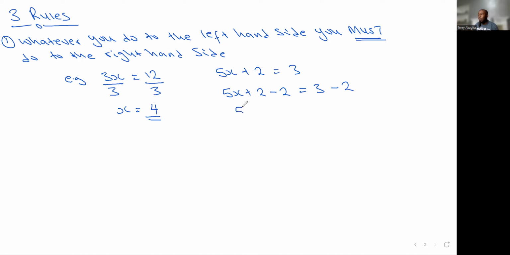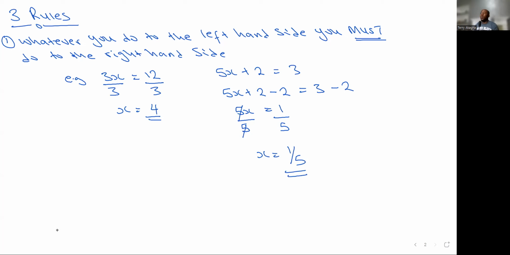You now simplify and get 5x is equal to 1. Then if I divide the left-hand side by 5, I'll divide the right-hand side also by 5. This will cancel that, and x will be equal to 1 over what? 5.